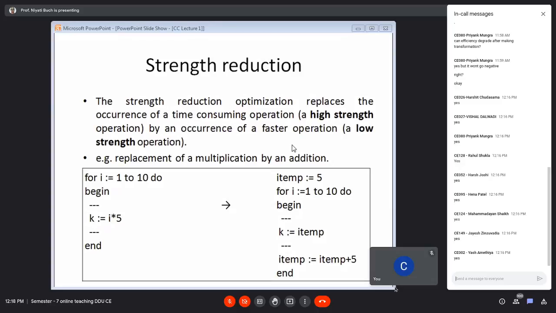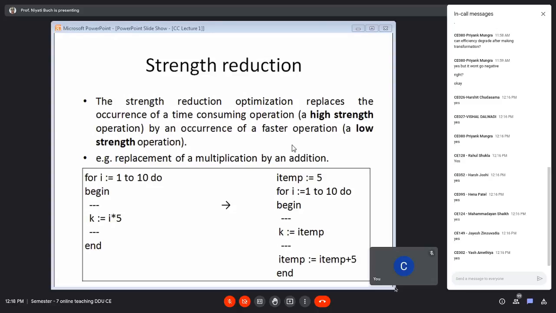What we have done is we are trying to replace this multiplication with addition. We take a temporary in which we store the value 5 by which we want to multiply. So I into 5 is addition of I 5 times. That is the multiplication. That also is going to give you the same result.